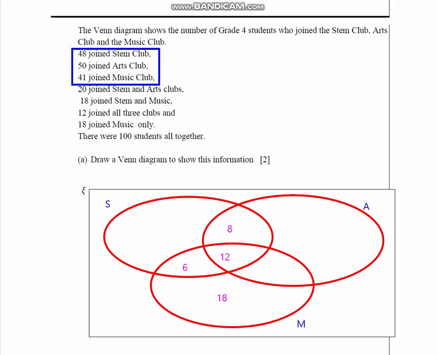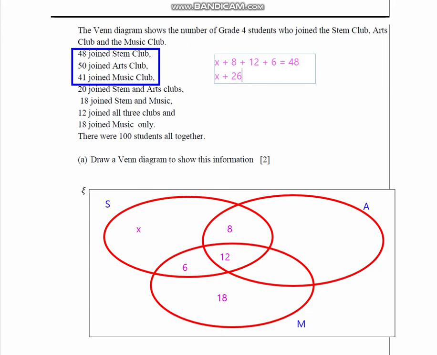So working on those, let's put an unknown variable x there, and you know that the total number of students joining STEM is 48. So x plus 8 plus 12 plus 6 is equal to 48. 8 plus 12 is 20, plus 6, that's 26.